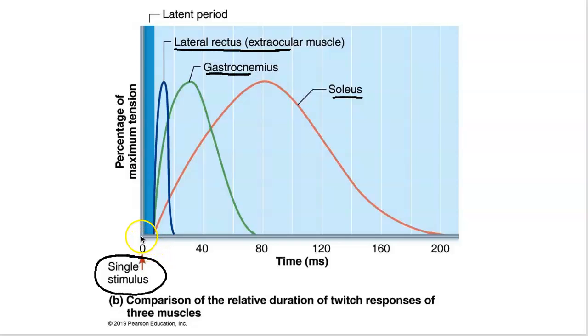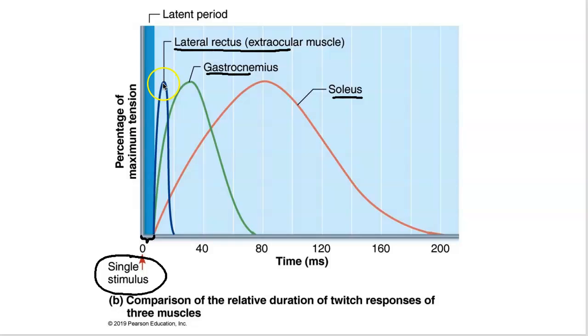So what should we notice from this graph? I noticed that the latent period is the same regardless of the muscle. So whether we're looking at a small muscle or a big muscle, it's going to take the set amount of time for calcium to be released, and it looks like that's the same from muscle to muscle. But one difference that I'm seeing is that the amount of time that it takes for a muscle to twitch varies depending on the muscle.